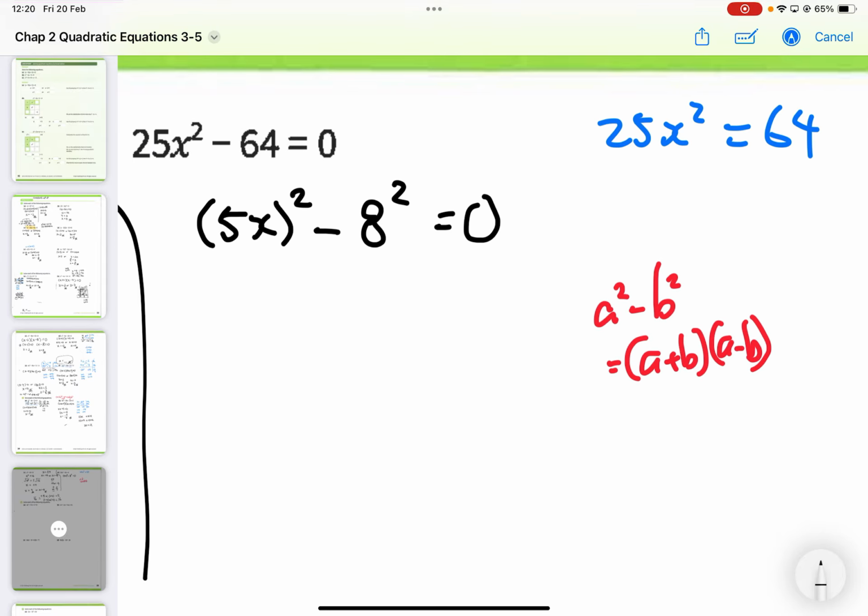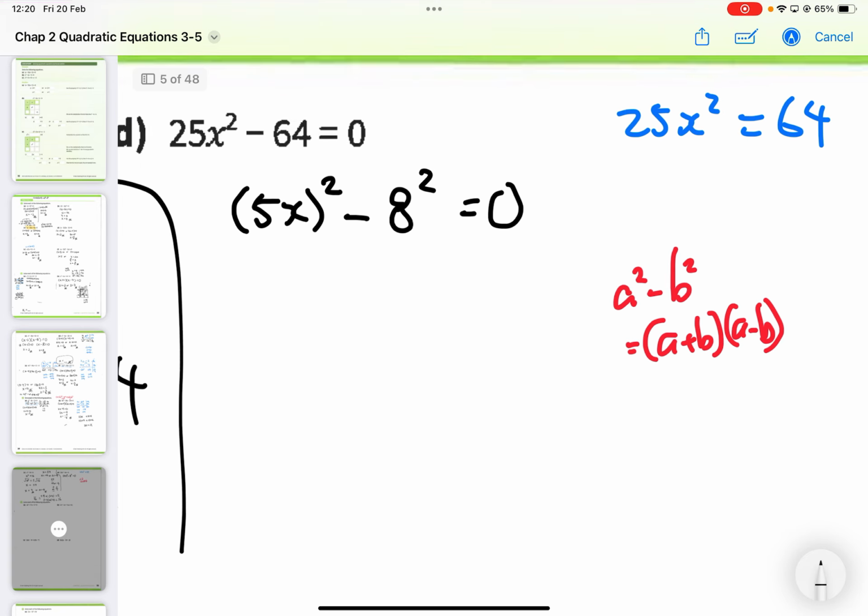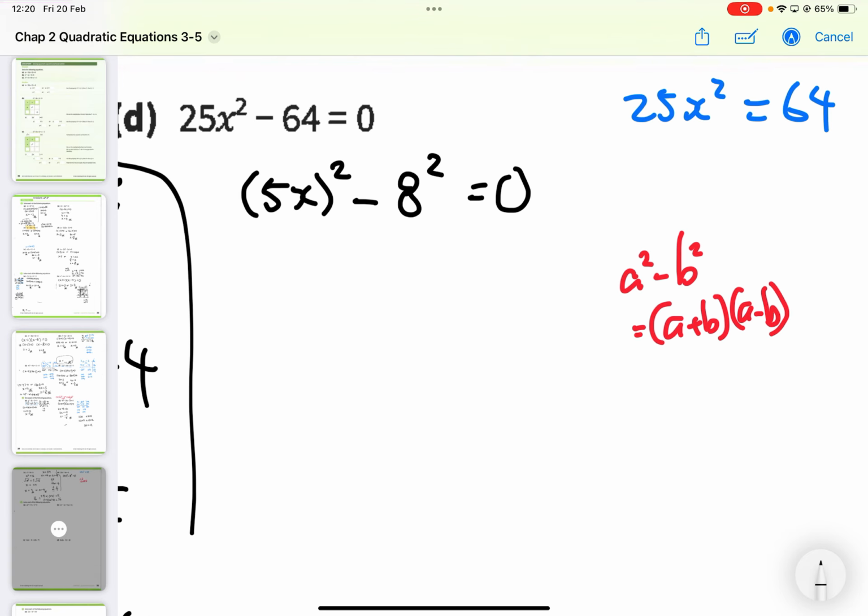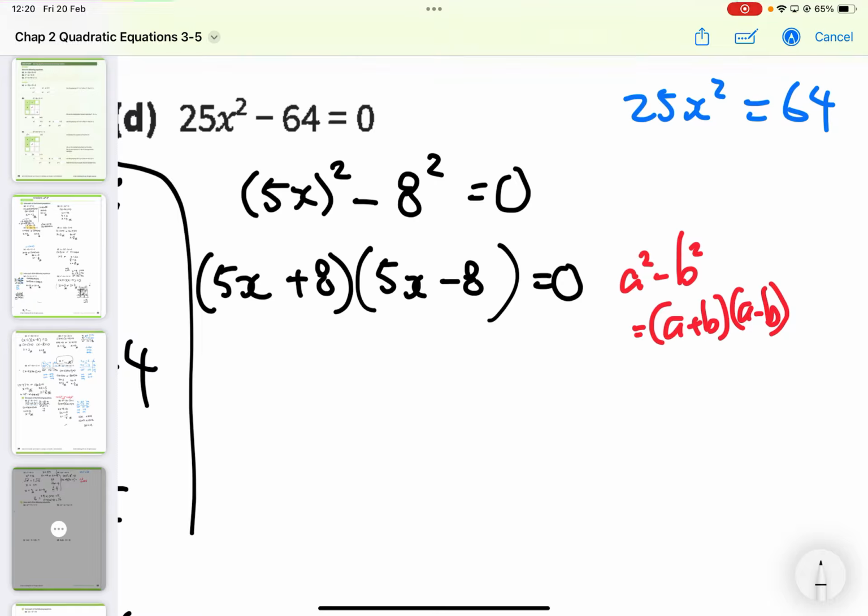But I show you what the workbook actually wants you to do. It wants you to identify this as something square minus something square, then make use of this identity to do the factorization. The front plus the back, then another bracket, the front minus the back. Then you have managed to factorize.